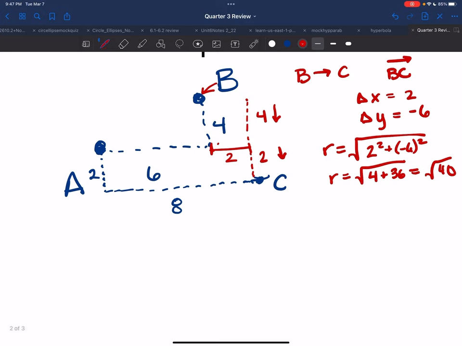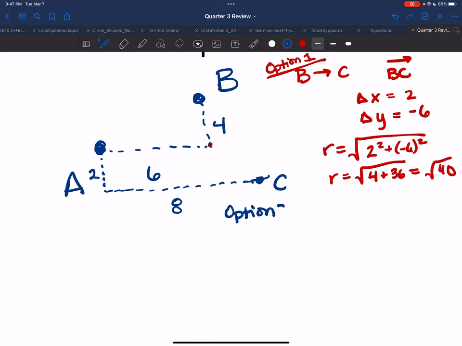The other way to do it, let me see if I can erase some of this without making a mess. The other way to do it is to find your position vectors of B and C, and then use your changes to find them. Okay? So this is option 1. If you're visual spatial, you might like option 1 better. If you are an auditory learner and you like outlines and you like every detailed step of something, then this option might be good for you.